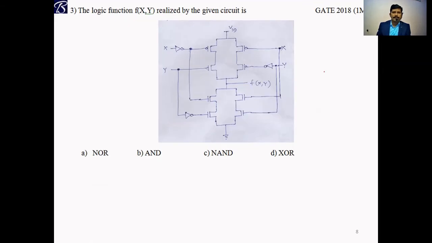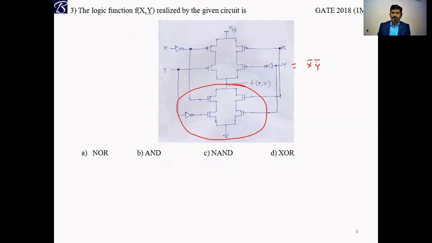This question was asked in GATE 2018 for 1 mark. Observe this NMOS region. Y equal to, this input is X bar because of this NOT gate. This is because of this NOT gate, Y bar.